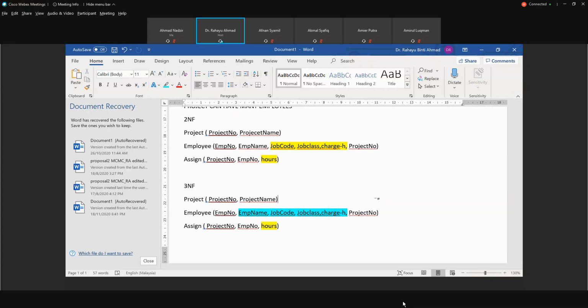Anyone can respond in the chat? Okay, transitive dependency, ada tak any attribute yang depend on a non-key attribute? Any answer?